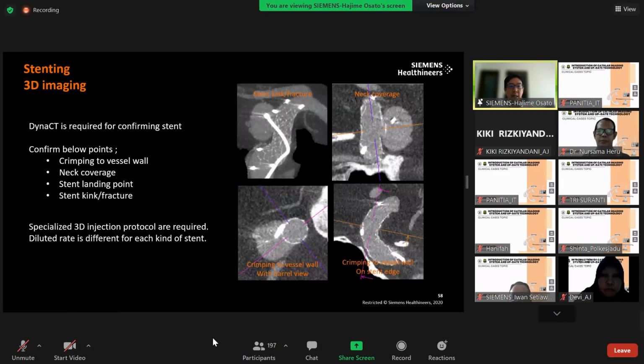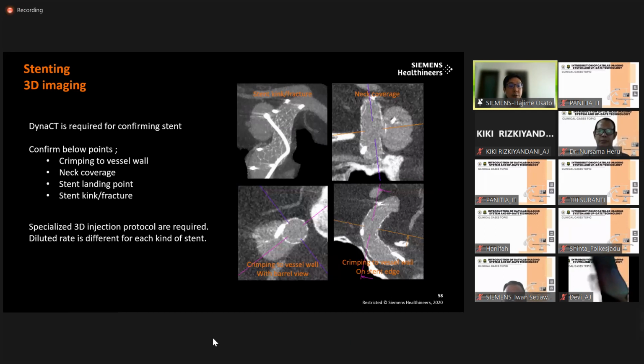When a neuro stent is used for an aneurysm case, we should evaluate the stent itself. The neuro stent has a quite small and thin strut, so it is impossible to see on fluoroscopy. Then Dyna CT is required for stent imaging.